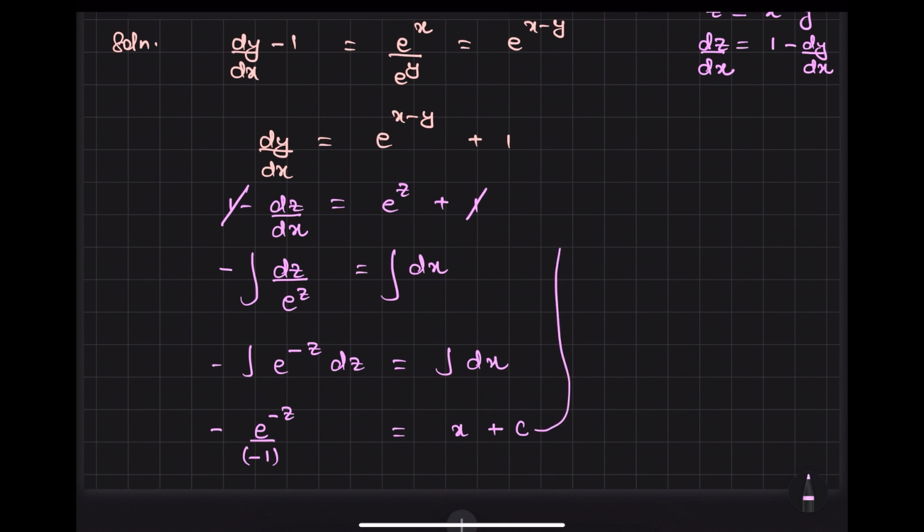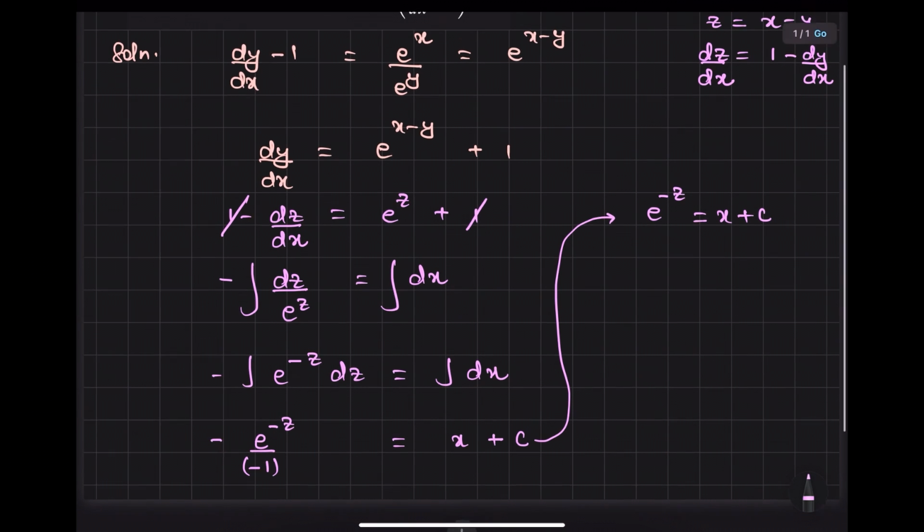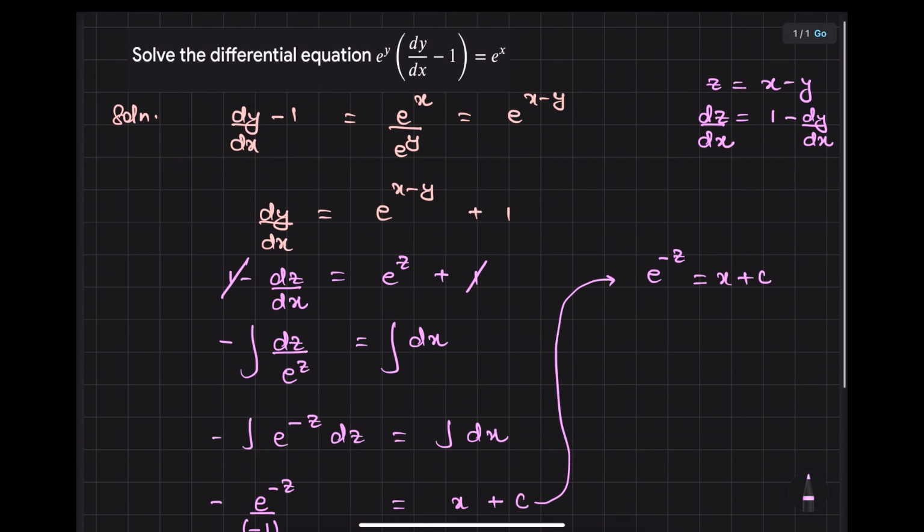So can I write this thing as, minus minus plus, e power minus z is equal to x plus c. Now you know that they have given you the question in the form of x and y, not in z. So you have to remove this z. So what is the value of z?